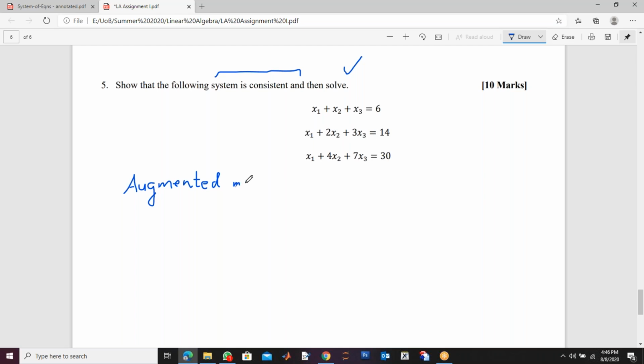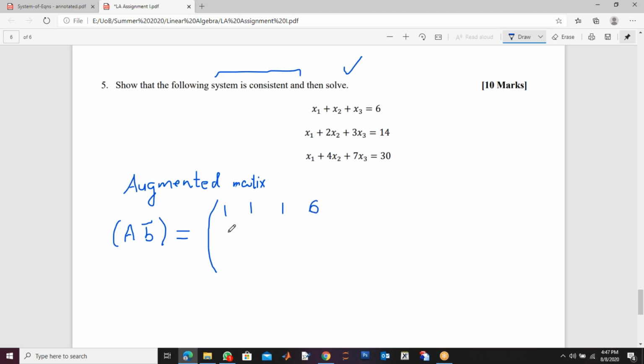So you have to write the augmented matrix. The notation we use is A with B, because A is the coefficient matrix, right? So we write A B together. This is the augmented matrix. So 1, 1, 1 are the coefficients, equal to 6. So 6 is the last column.